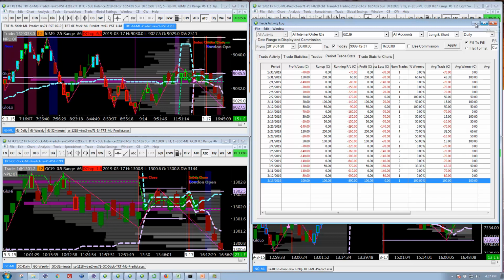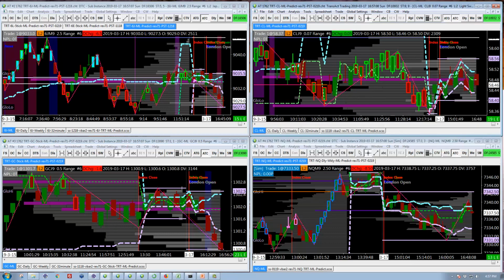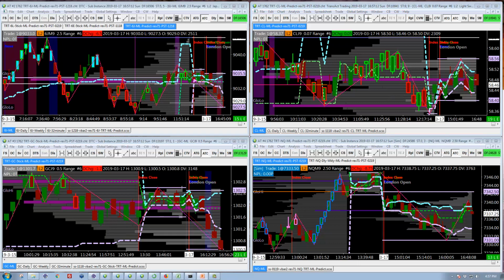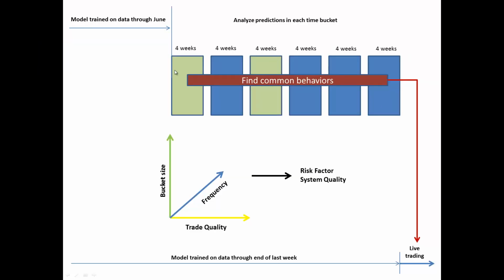So let's close this, and then I need to bring up this. When we look at the analytical process, this is what we started with.